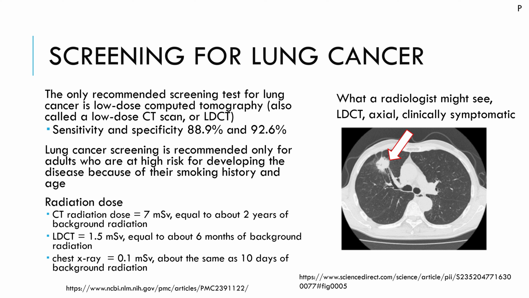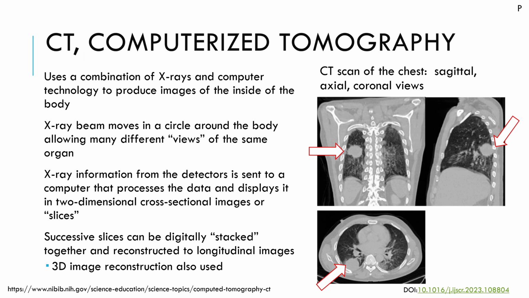Because CT might be a bit new and unfamiliar to you, I thought I would just take a second and digress, Matthew, on the next slide, and give you an idea of what is computerized tomography. Computerized tomography uses a combination of X-rays and computer technology to produce images of the inside of the body.